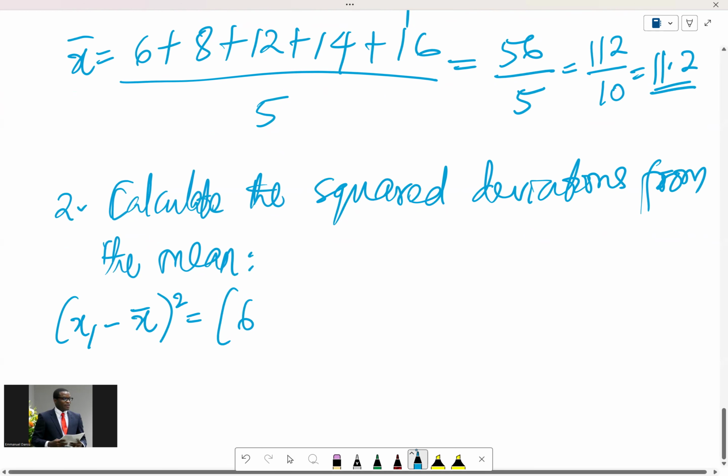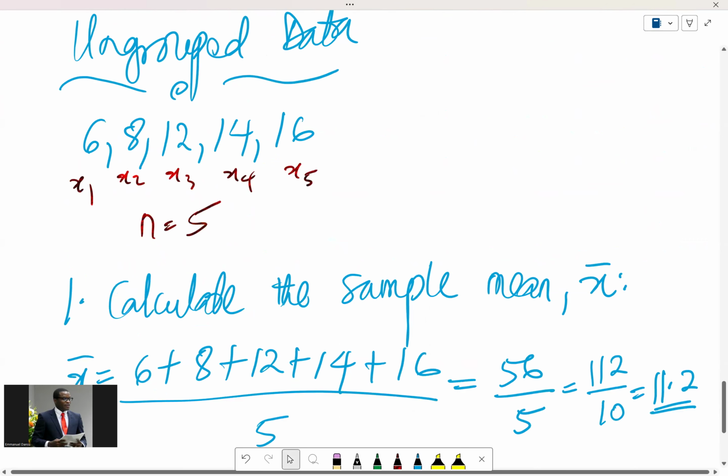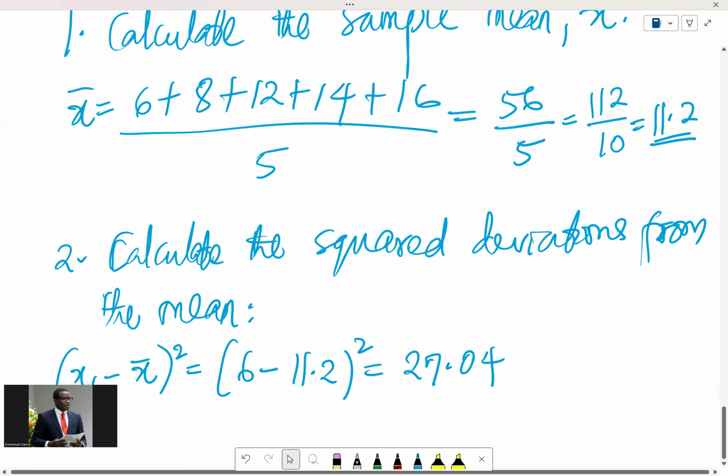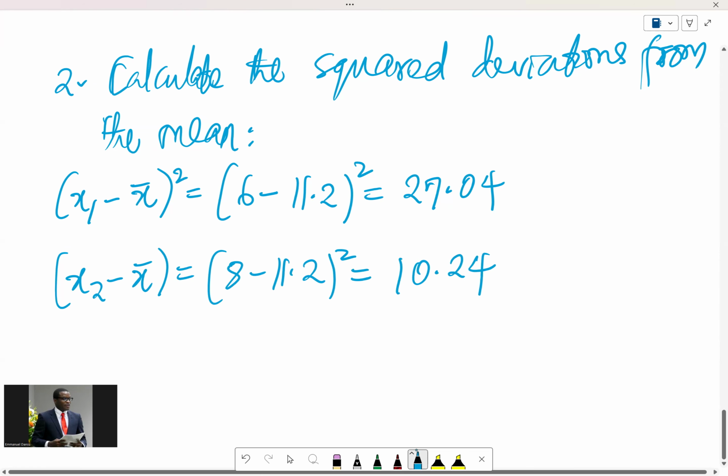That is 6 minus 11.2 squared. You can punch your calculator and the answer is 27.04. Next, x2 is 8, so x2 minus x bar is 8 minus 11.2 squared. If you subtract you get something negative, but by the time you square, the answer comes to 10.24.